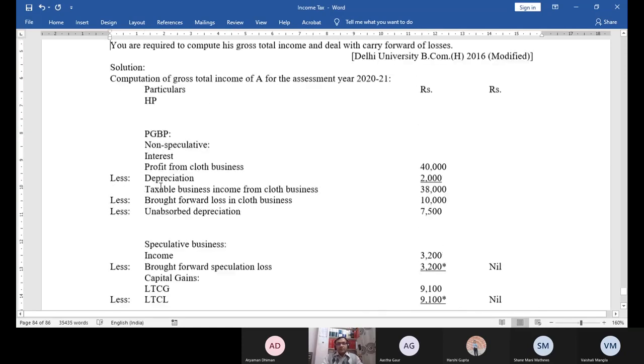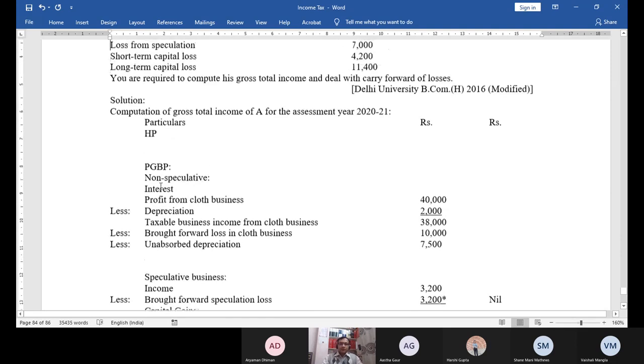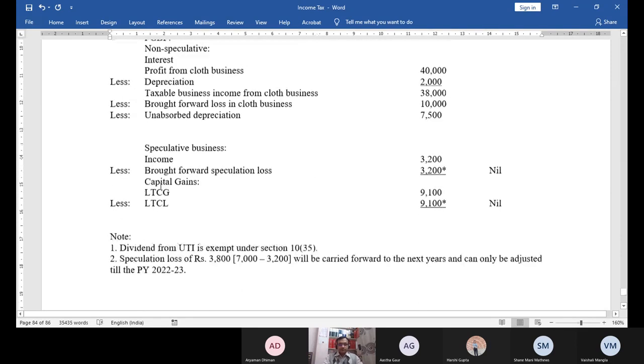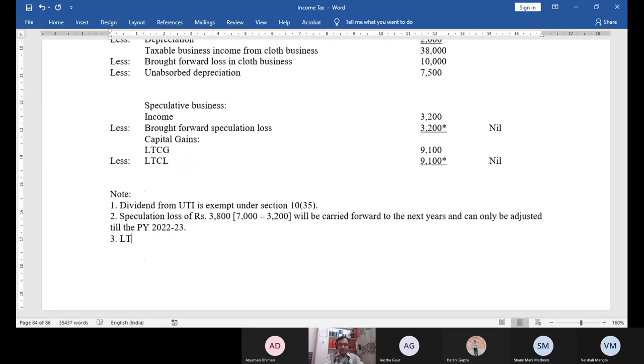How much was the long-term loss? 11,400. So what you will write is LTCL. You have to write the full form in the exam. Of rupees 11,400 minus 9,100.